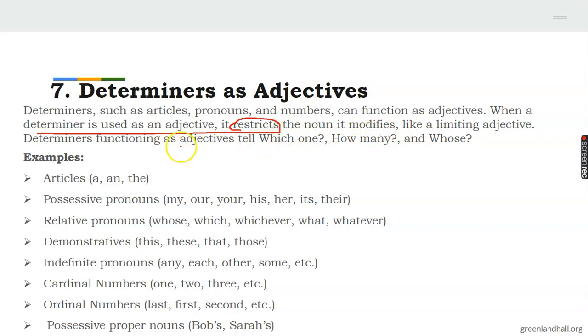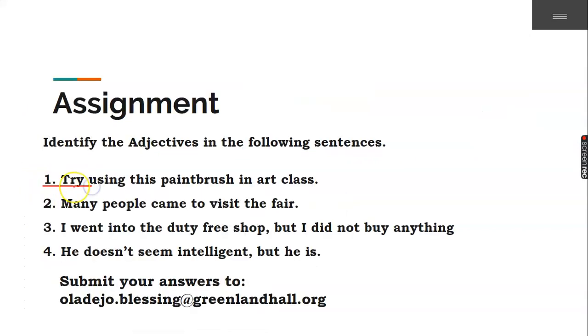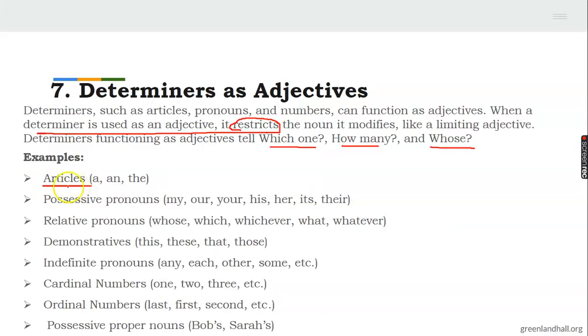So determiners function as adjectives to tell which one, how many, and whose. Those are the 3 things that determiners do as adjectives. Now look at this. As an article, we have A and the. As possessive pronouns, we have my, our, your, his, her, its, and on and on.